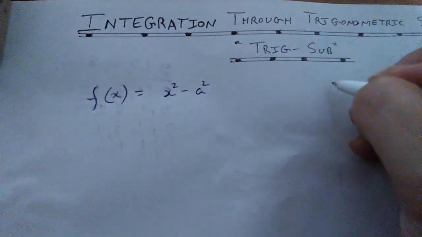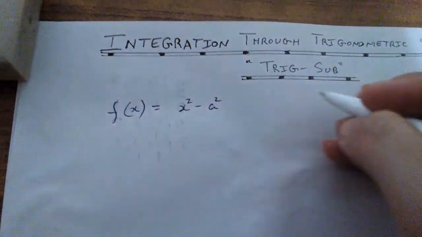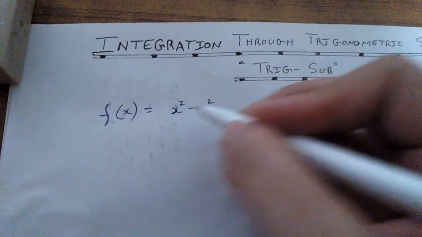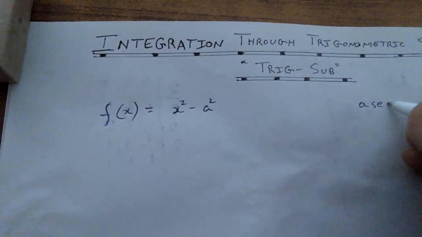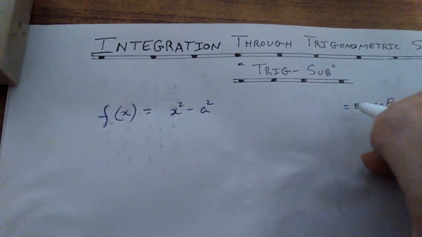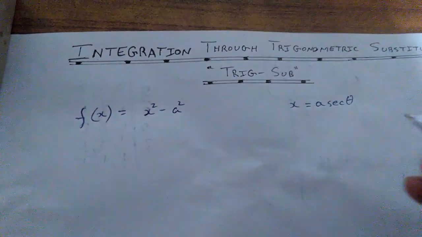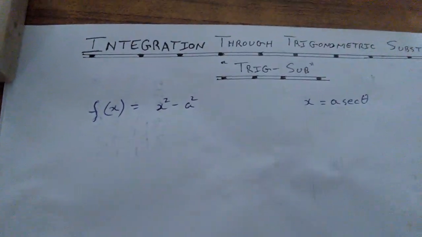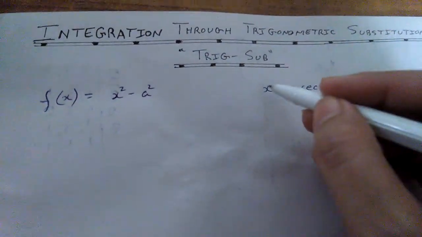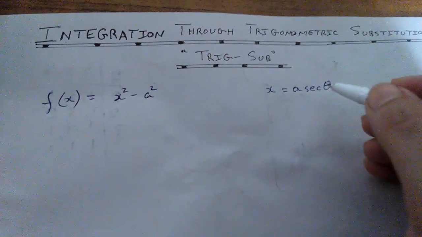Once you have a function of this type, you are going to substitute a sec theta in place of your independent variable x, or whatever variable you are using as the independent variable. This is the substitution that we are going to use.